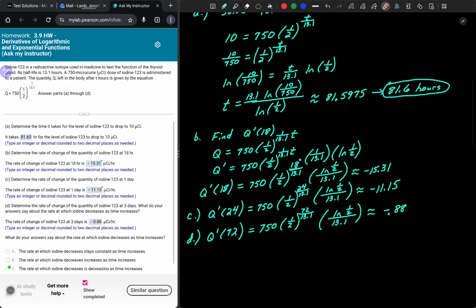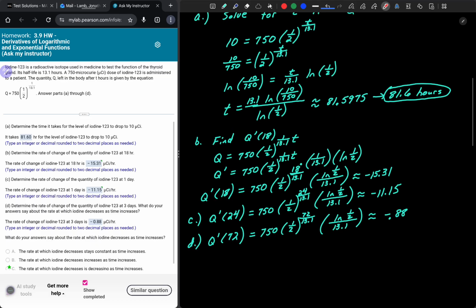I have to take the derivative of that function, so I went ahead and rewrote my function right here. And then the derivative of any exponential function is that exponential function, so I just rewrote the exponential function, times the derivative of its exponent. Instead of writing that exponent as t over 13.1, which is fine, it's easier to see the derivative of that exponent if I write it as the equivalent expression, 1 over 13.1 times t.